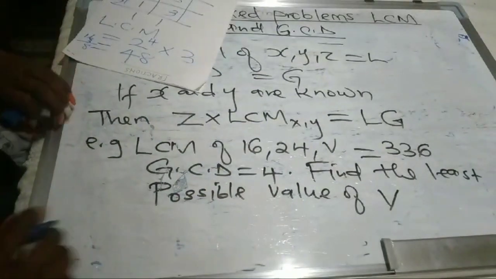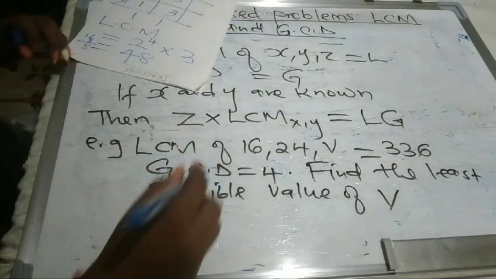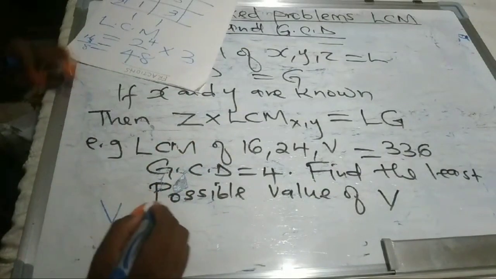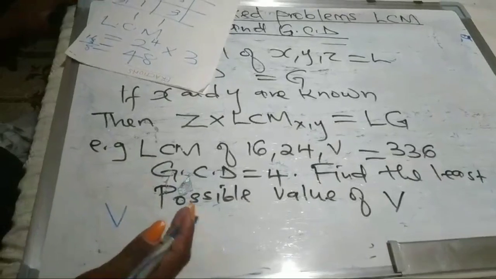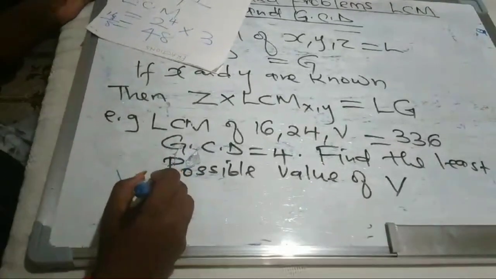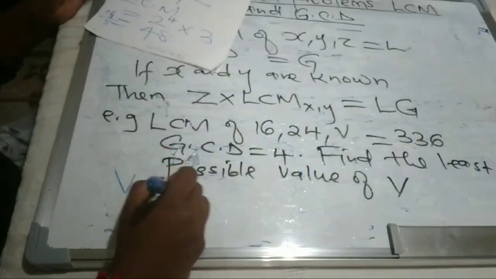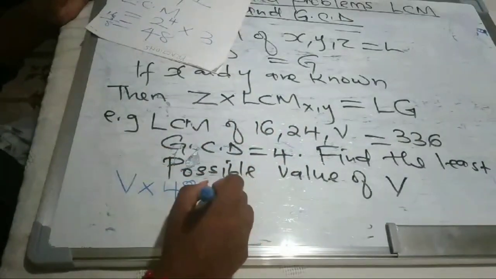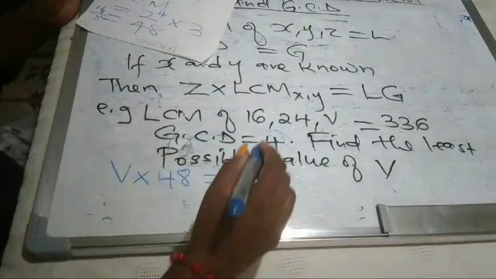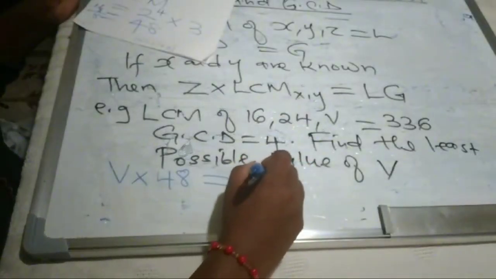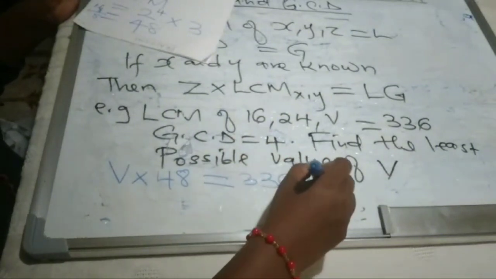So we shall take our V, multiplied by the LCM of the two numbers which are known, which we have found to be 48, equals L times G. Our L is 336 times our G, which is 4.